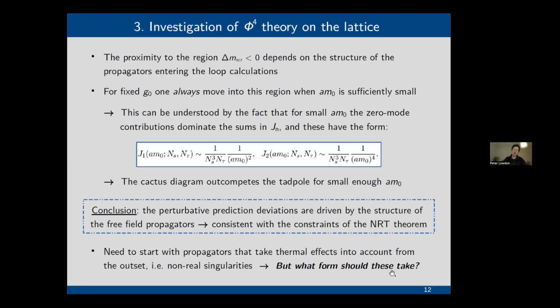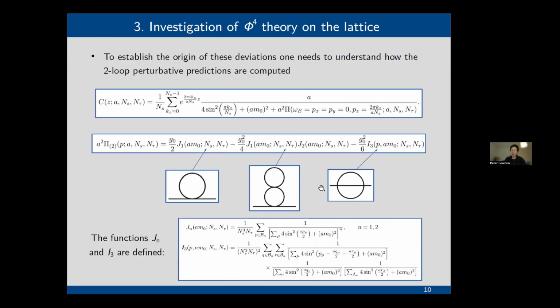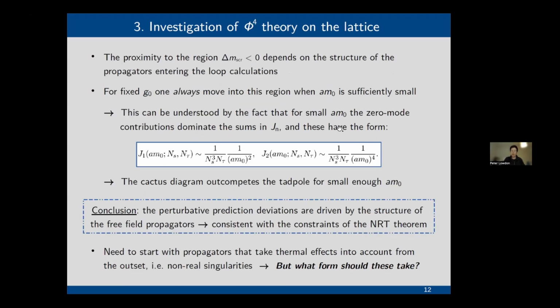You could chuck in some propagator with an imaginary part, but how does that connect to the physics of your theory? And that's what I'll talk about in the next few slides. What sorts of forms can these propagators take, and do they have the correct properties to form the basis of a perturbative expansion that avoids these issues, these deviations from the data, and also the known issues that we get in standard perturbation theory?